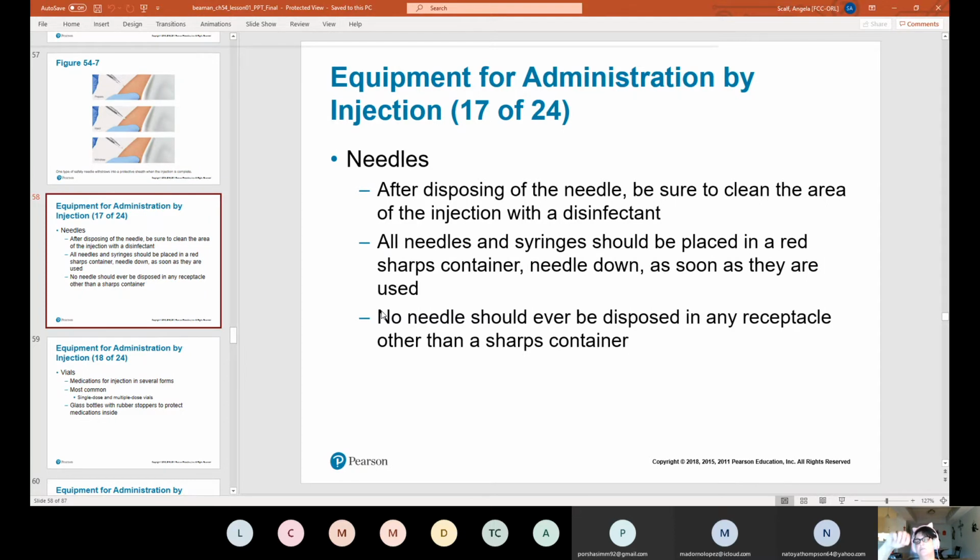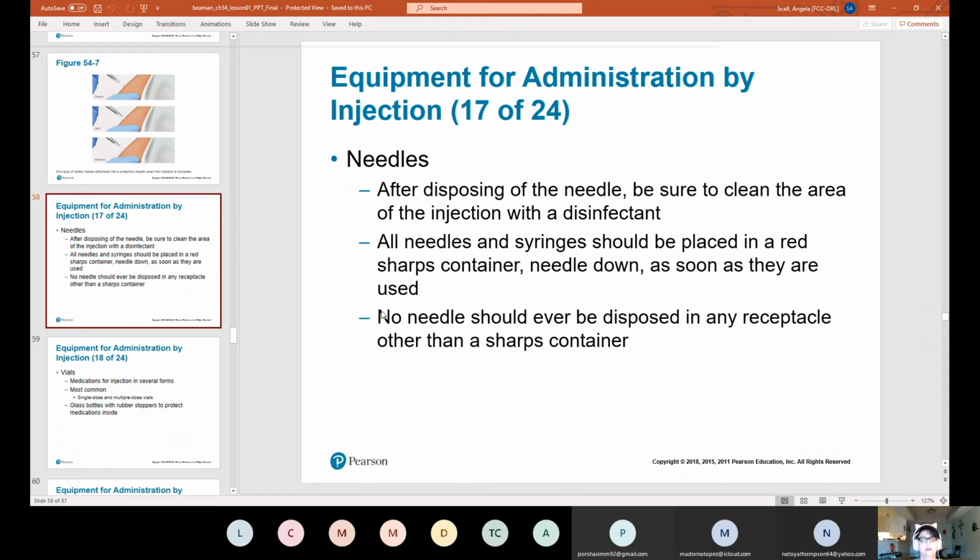If I had a piece of gauze that has a drop of blood on it, does it need to go in there? No. It can go in the trash. Small amounts of things can go in the trash. A Band-Aid that's bloody can go in the trash. Somebody had a bloody nose and you throw that in the trash.